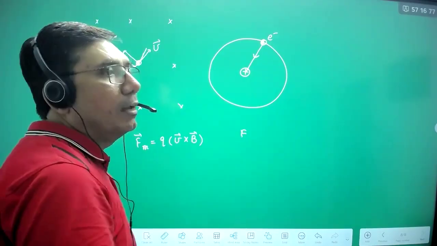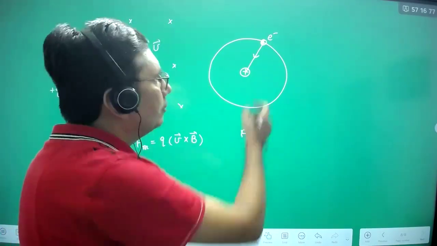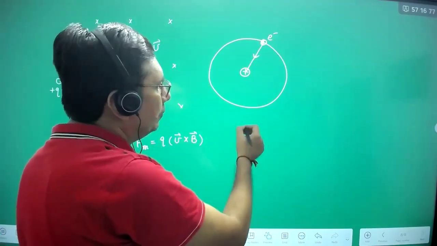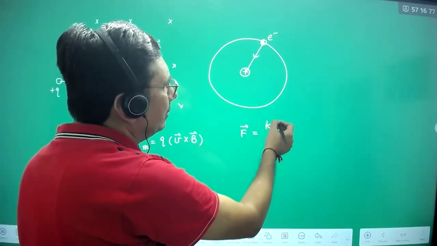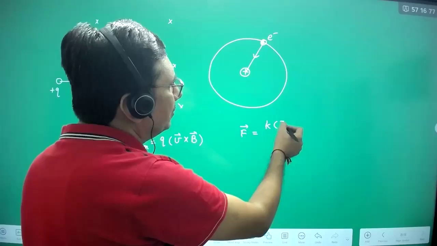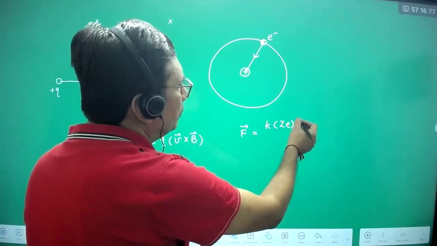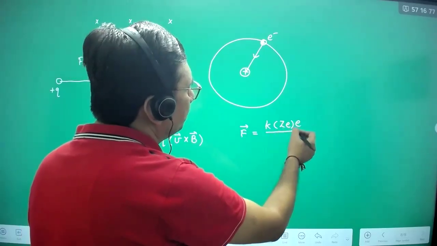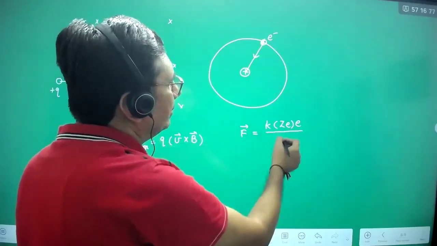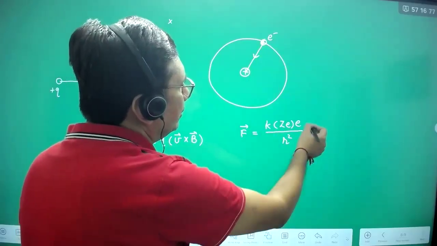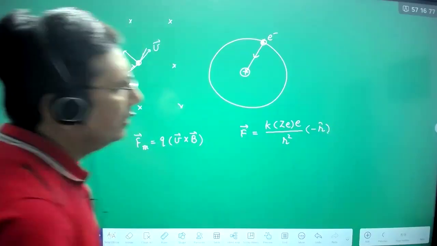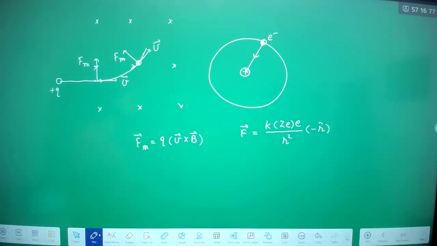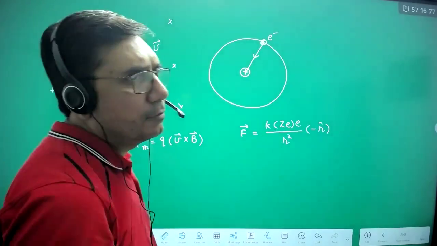This Coulomb force is acting radially inward. This will be K, Z times E, and suppose this is E, upon whatever this radius is, R square, and this will be minus r cap. This is the force that is acting, the Coulomb force or electrostatic force.